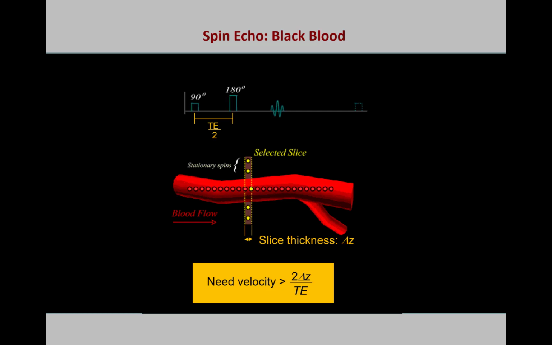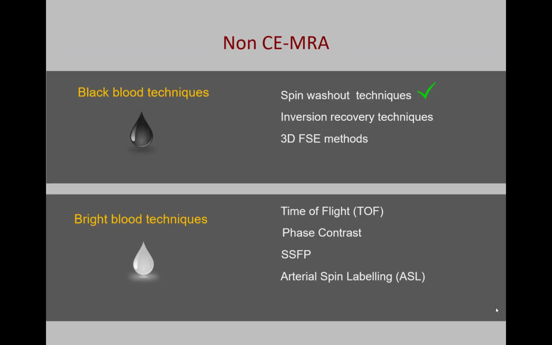So for slow flowing blood, or for very thick slices, the black blood technique simply is not going to be effective. Okay, so that's the spin washout technique.